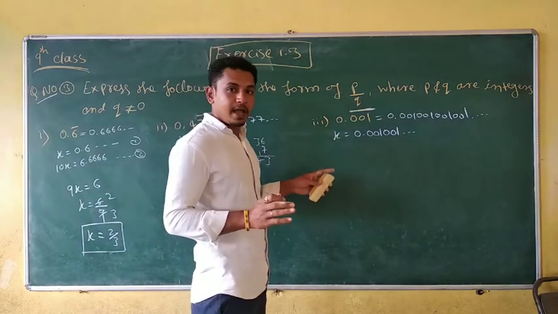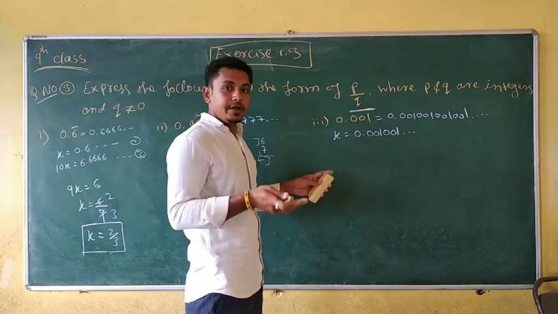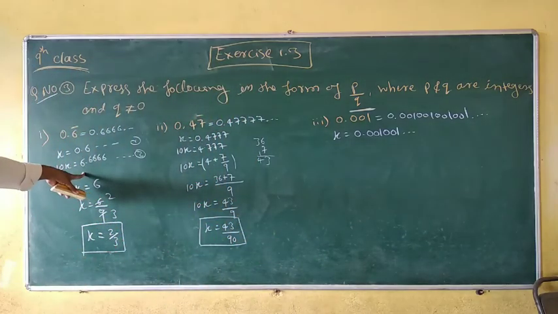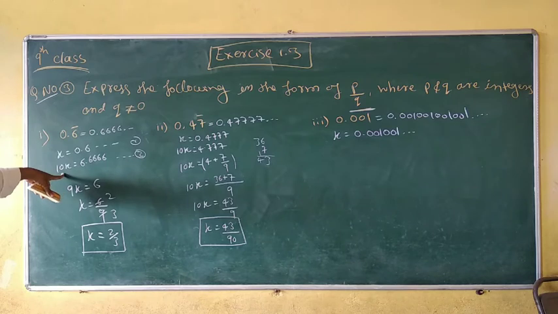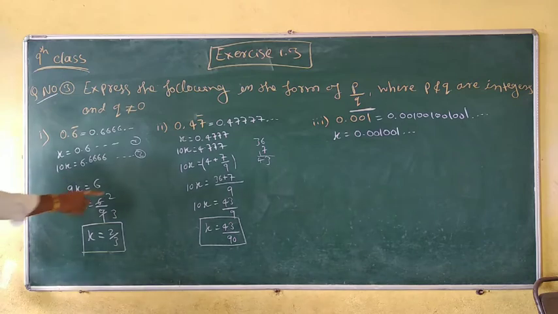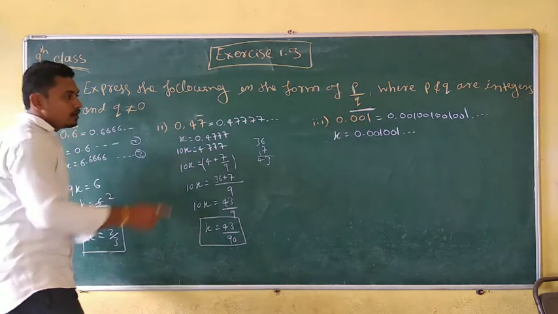Now we have to multiply both sides by 100 in these two questions. Now we multiply with 10 on both sides. Is it right? Here 10x means multiply 10 on both sides.